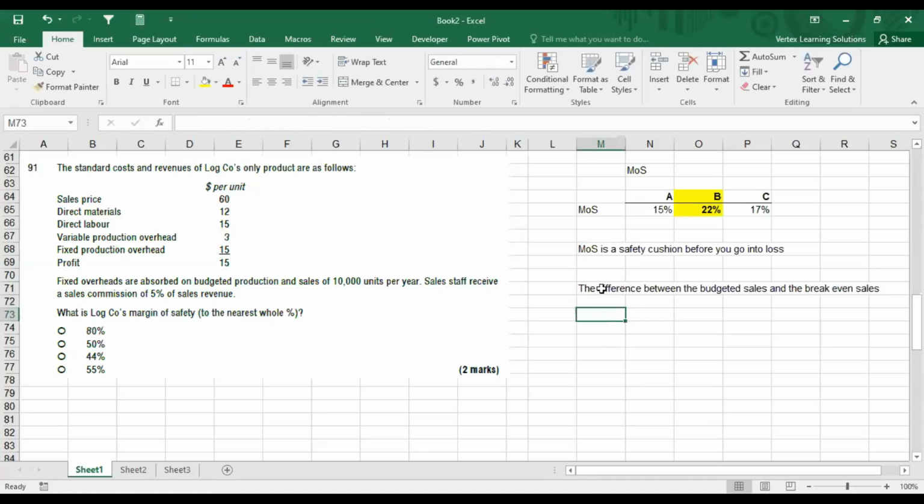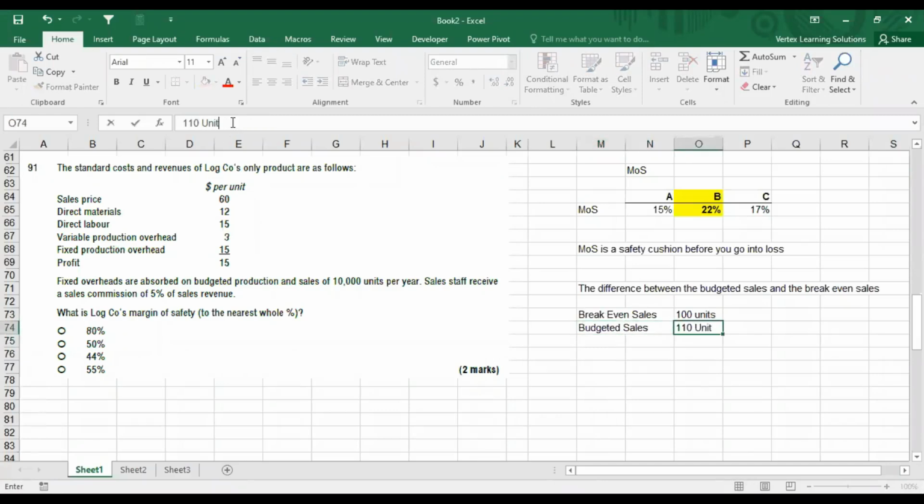Let's suppose your break-even sales are 100 units. You must sell 100 units to break even, which means no profit, no loss. And then you set up your target: I want to sell 110 units.